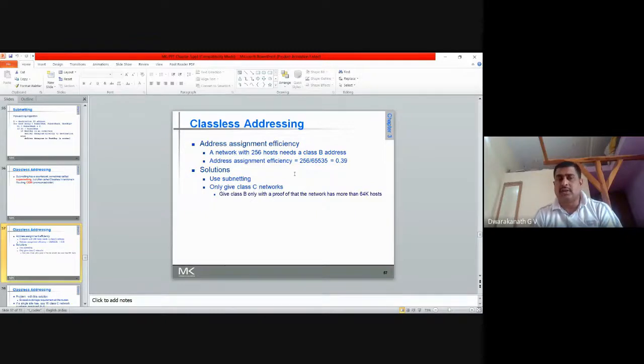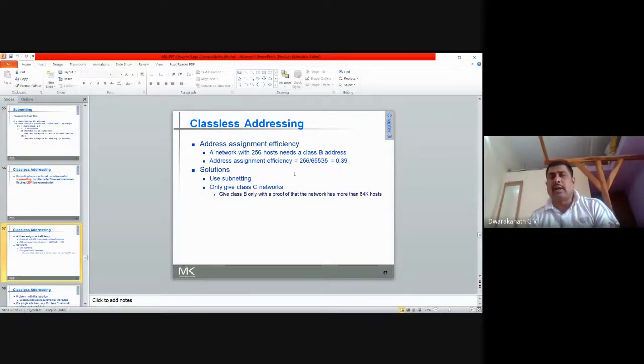So to solve this particular problem, we are using subnetting, which we discussed in the last class. It gives only class C networks, which means when you use subnetting, only class C networks will be there.